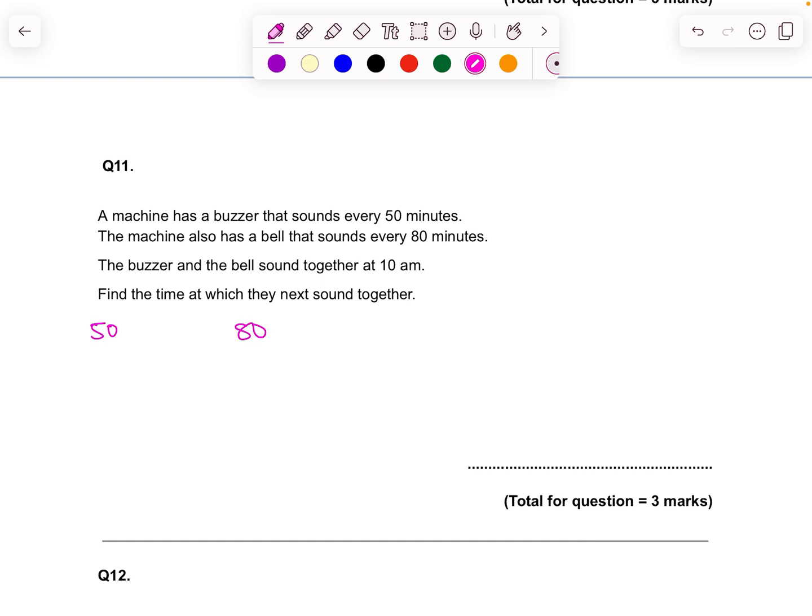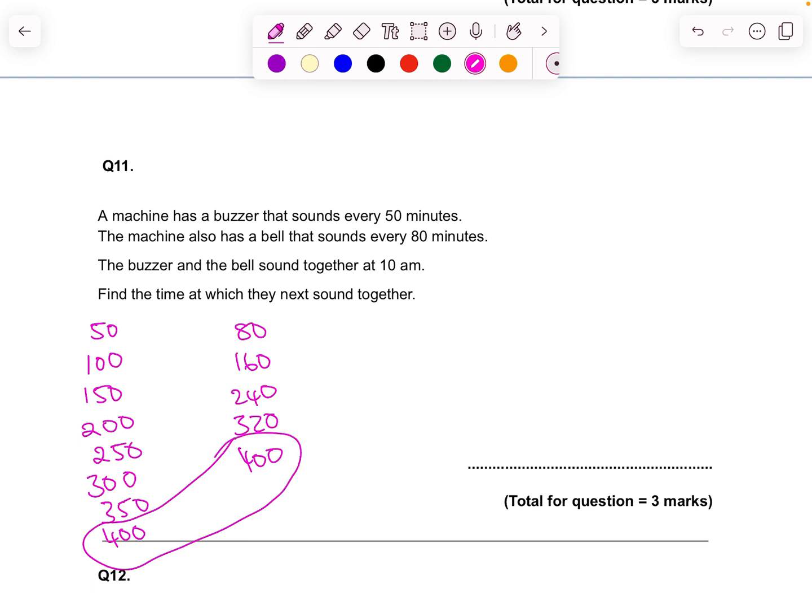I quite like, so you would have just done 100, 150, 200, 250, 300, 350, 400, and again 160, 240, 320, 400. So you can see here that 400 is your LCM.